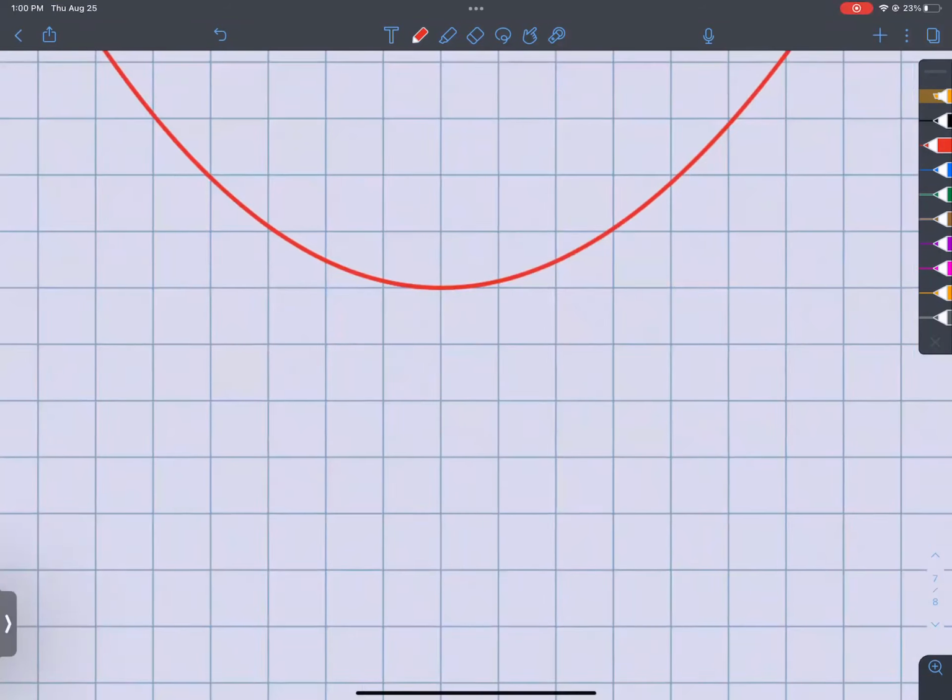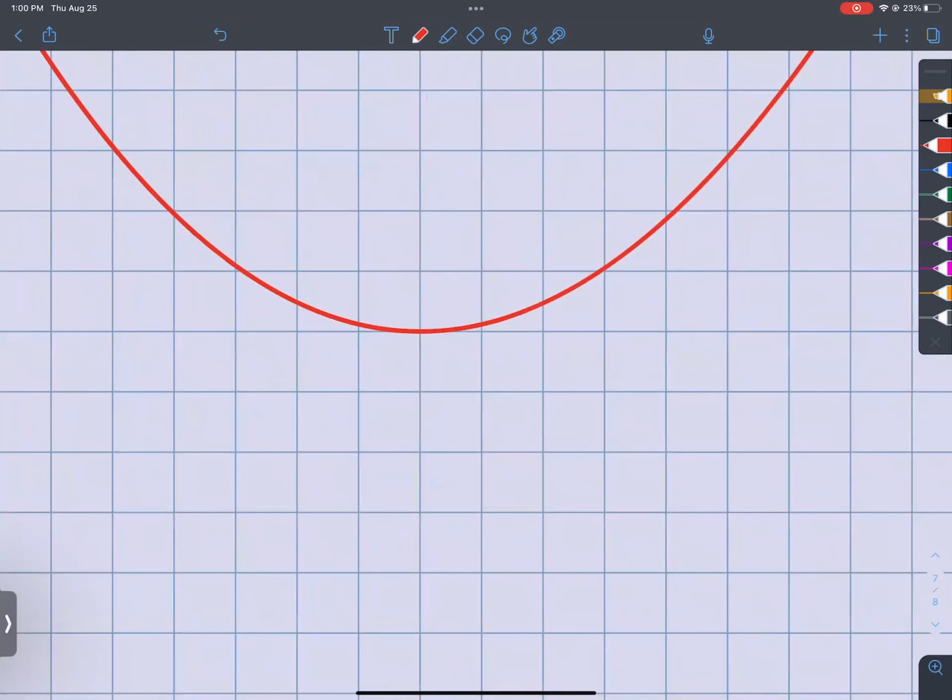A tangent line would be, if I pick an x value, a line that is tangent to this part here. So this would be called a tangent line.